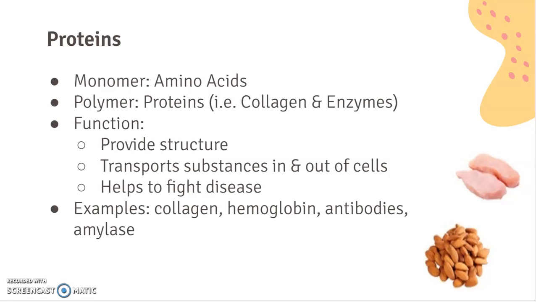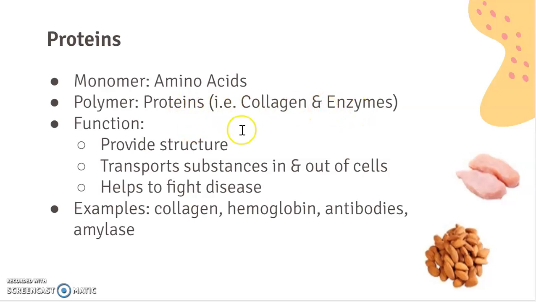We've got our building block, the monomer, which is an amino acid, and then our polymer, which is like multiple Legos connected together, equals that protein. Some examples of protein are collagen and enzymes. We're going to focus on enzymes a little bit later in this presentation because they play a major role in making things that we need to happen in our body happen efficiently and fast. But those are all examples of proteins.